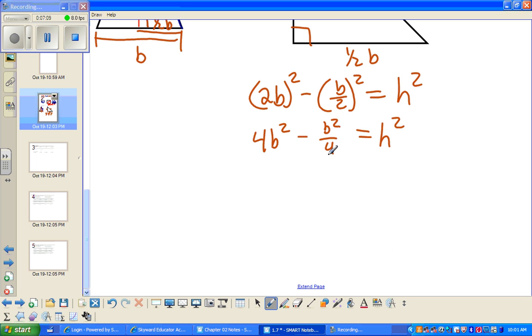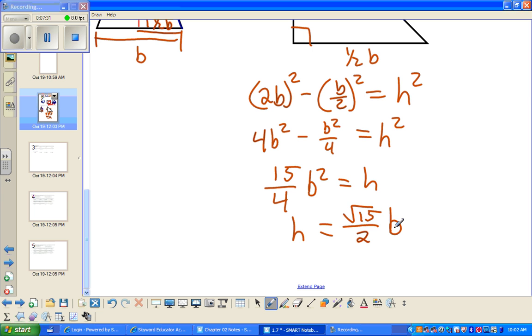And 4B squared minus B squared over 4 is going to be the same as 4 minus 1/4, which would be 15/4 B squared, which means the height then would equal root 15 over 2 B.